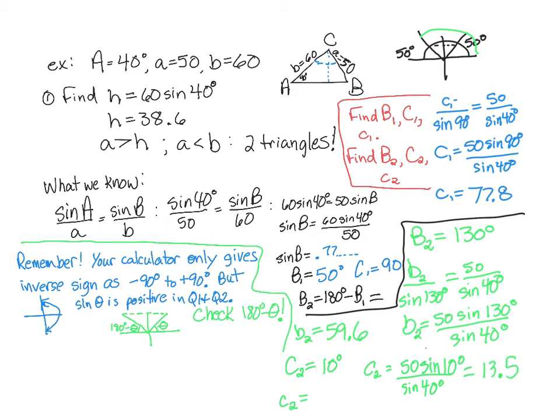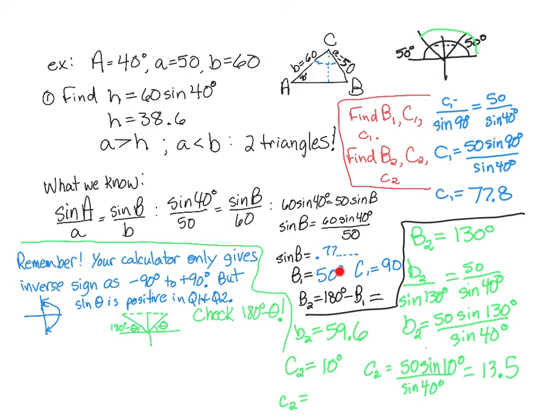All right, that was involved, wasn't it? First, we checked to see if we had two triangles. Okay, now that works every time. But when we got B1 was 50 and we found C1, then we said, well, what if it went the other way?